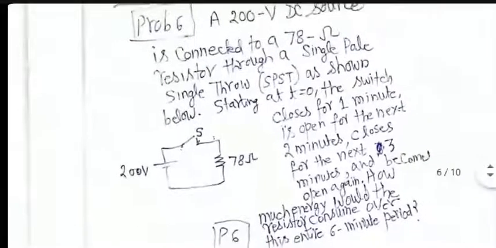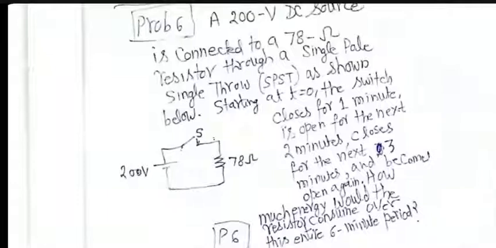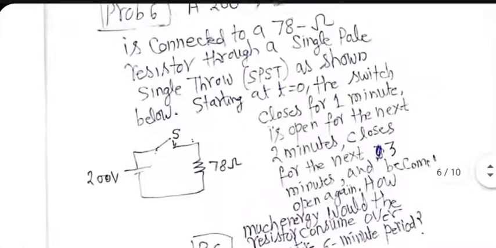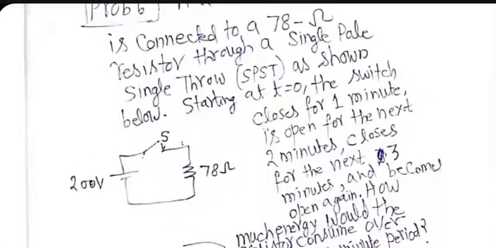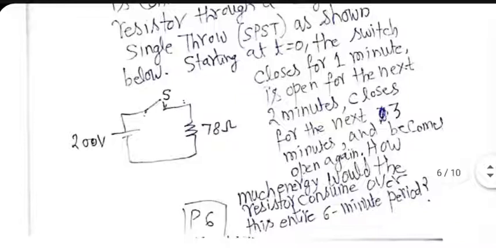The values are the same, 200 volt and 78 ohm as in the previous problem. Now what they are saying is, starting at time equal to 0, the switch closes for 1 minute, is open for the next 2 minutes, closes for the next 3 minutes, and becomes open again forever, I suppose.